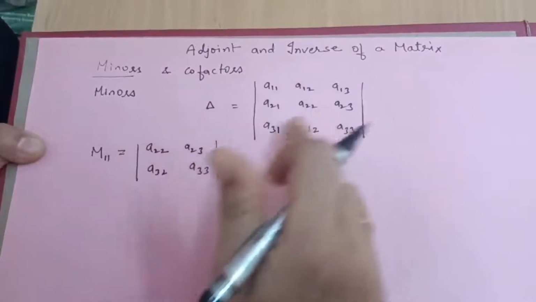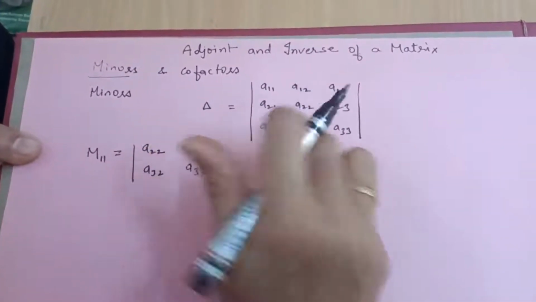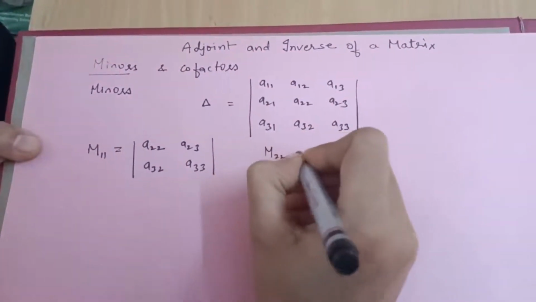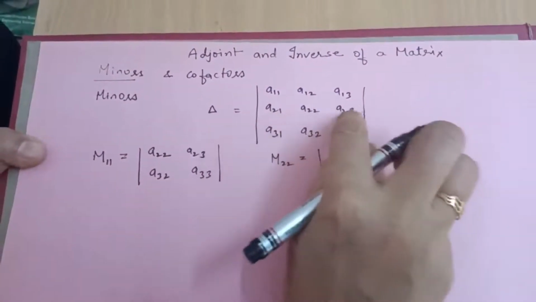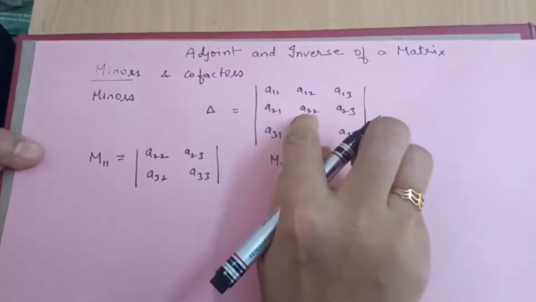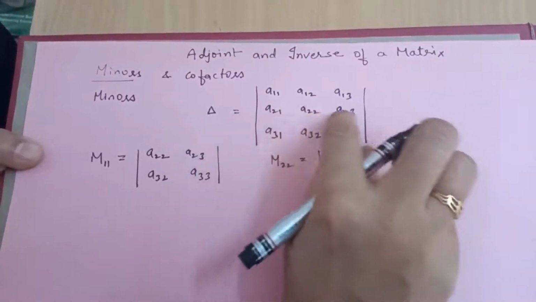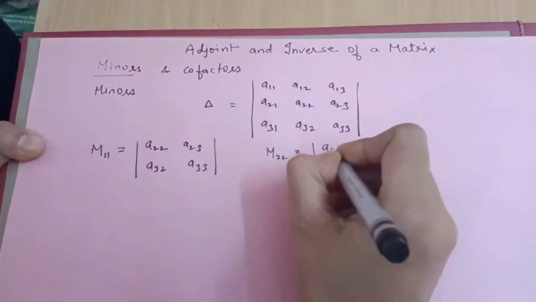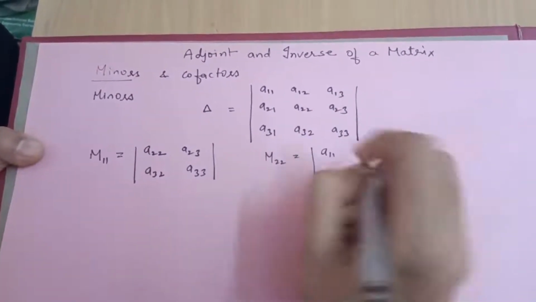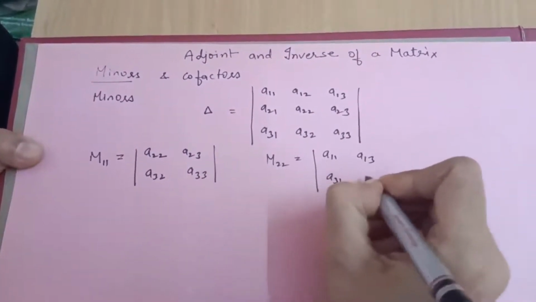Similarly, you can get the minor of any element. Suppose I want the minor of element 22. By deleting the second row and second column, because this is the element of second row, second column, the determinant you get is A11, A13, A31, A33.